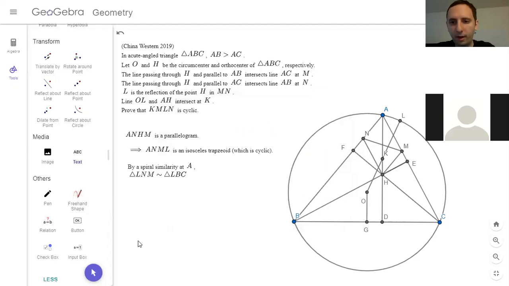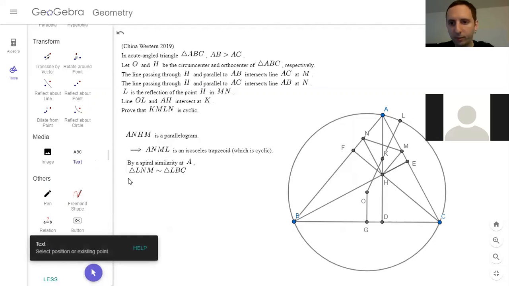Now we can do the angle chase that you mentioned.